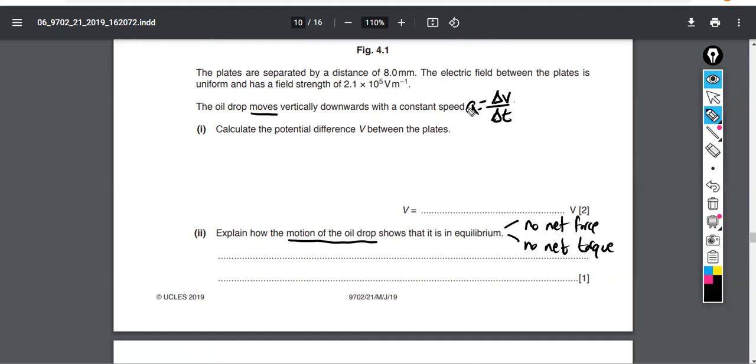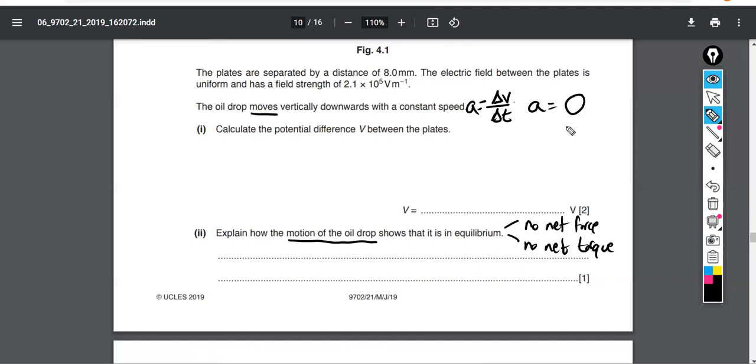And if something has constant speed, it's not changing its velocity. That's what constant means. It's the same speed. So if it's not changing its velocity, something with constant speed has what value of acceleration then? Exactly, 0.